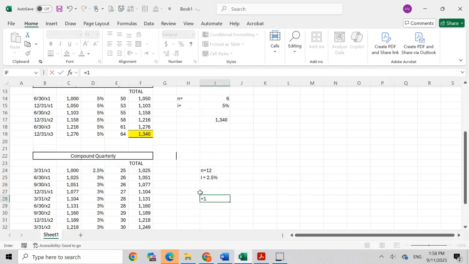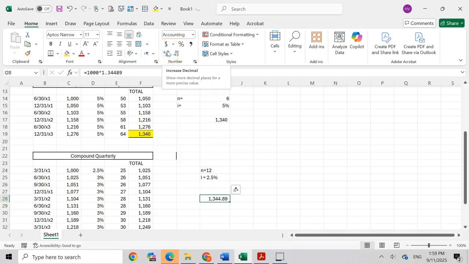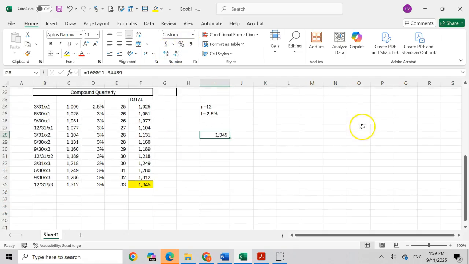So I have equals $1,000 times 1.34489. And let me just make that, it's a little bit of rounding, but here's my $1,345, which is the exact amount I calculated when I did quarterly compounding.